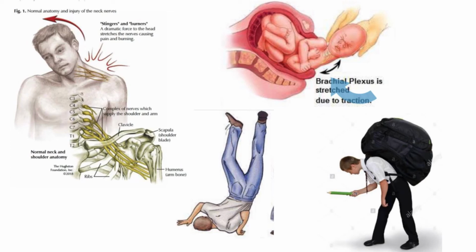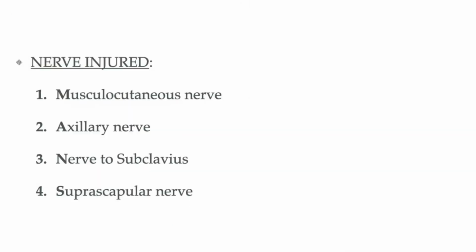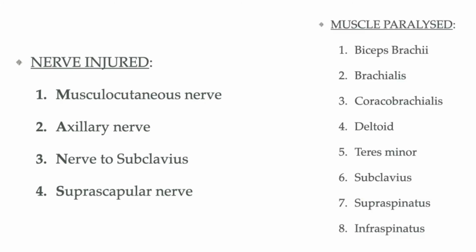Now, whenever hyperextension of the neck occurs, we need to remember which are the nerves that are affected. The nerves which are affected in this condition, Erb's Duchenne paralysis, are musculocutaneous nerve, axillary nerve, nerve to subclavius, and suprascapular nerve. And the muscles which get paralyzed are biceps brachii, brachialis, coracobrachialis. These three muscles are paralyzed because they are innervated by musculocutaneous nerve.